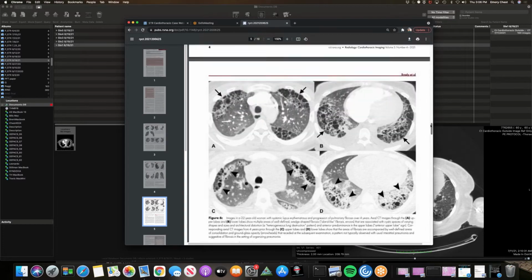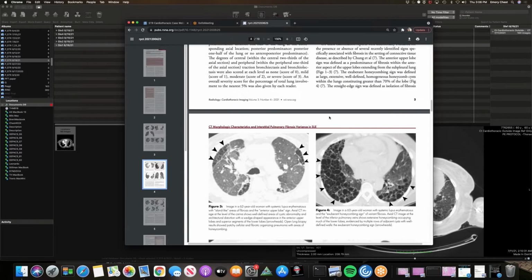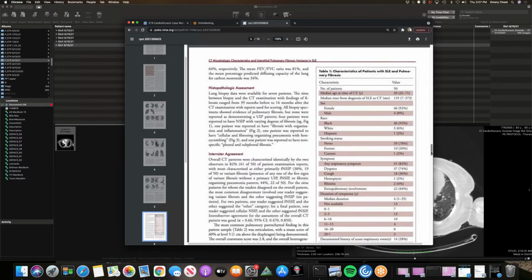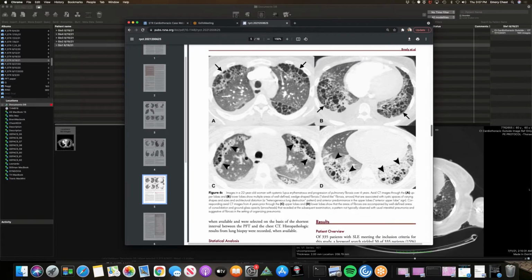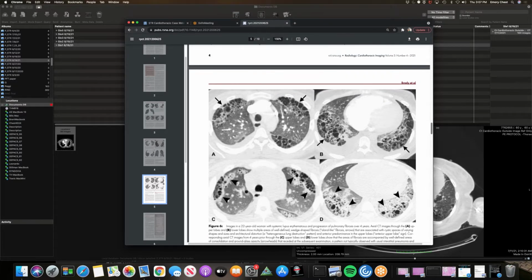But it seems like the majority of the times it was showing fibrotic NSIP and some honeycombing. This pattern is also seen in other connective tissue diseases, but we have a lot of lupus patients here in Atlanta, so we see this pattern very commonly with lupus.